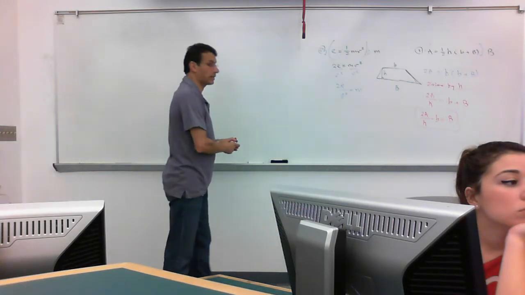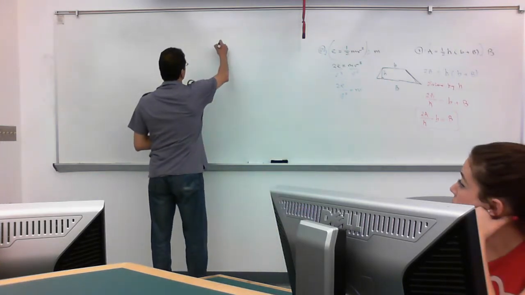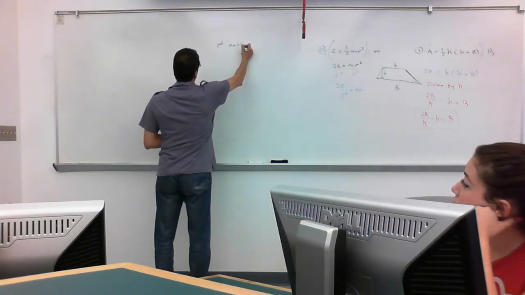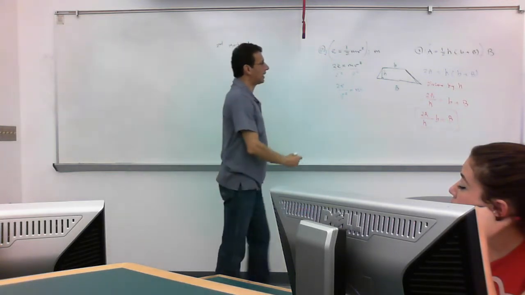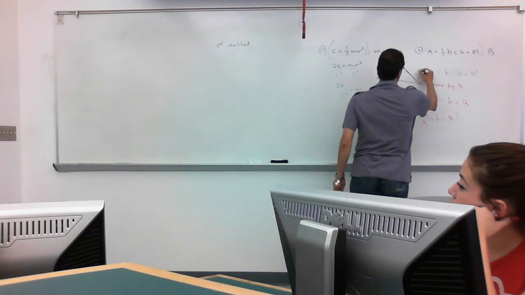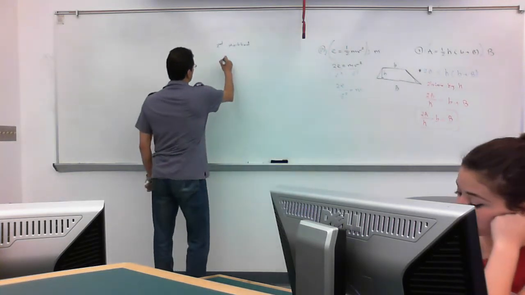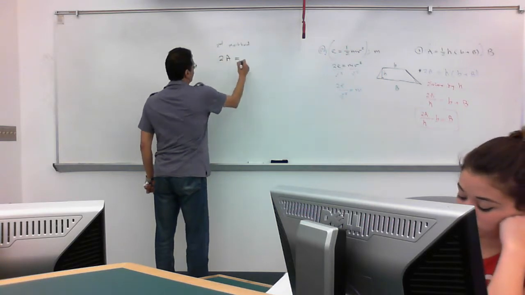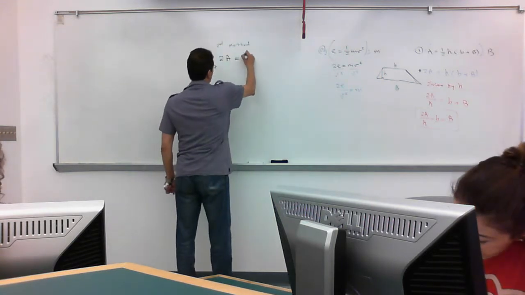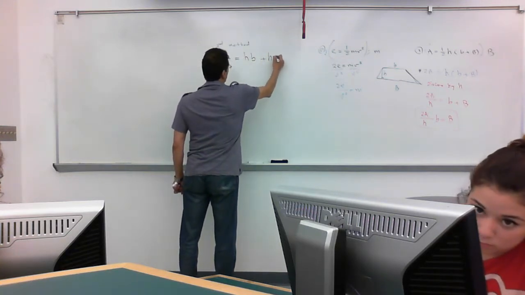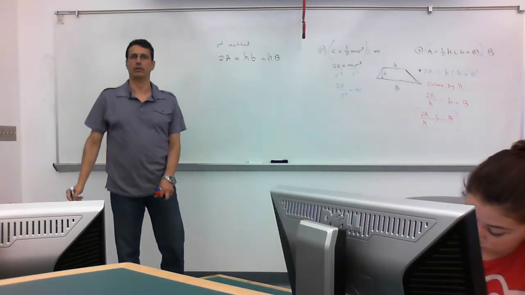Now let's look at the second method. Second method, we're going to continue from this asterisk, from the start. 2a is equal to what, everybody? h lowercase b plus h capital B. Yes?